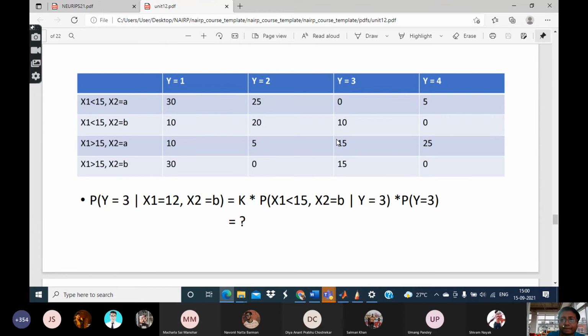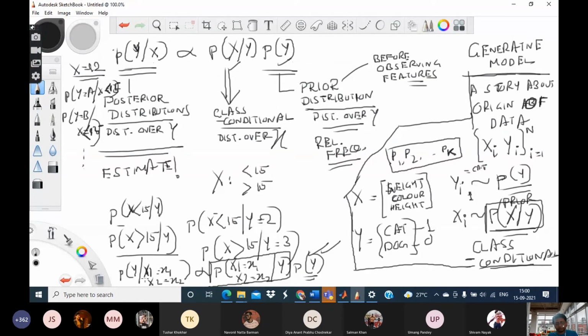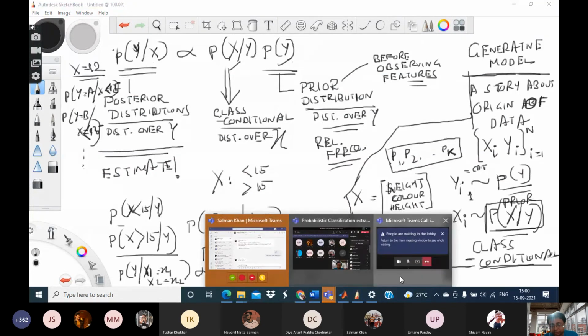What is K in this equation? Again, K is the proportionality constant.